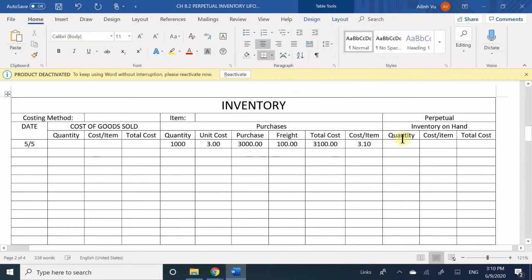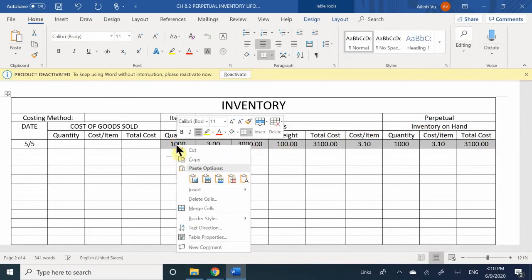For this one, I'm going to move it across as well because this is part of our inventory. So we have 1,000 items at $3.10, and it's going to cost me $3,100.